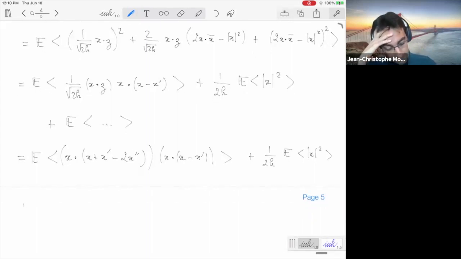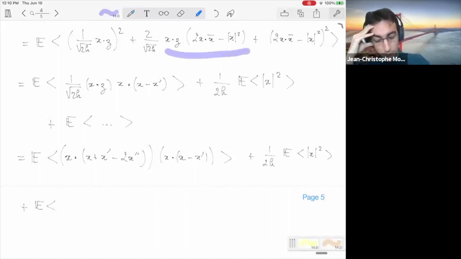And finally, I do Gaussian integration by parts here as well.